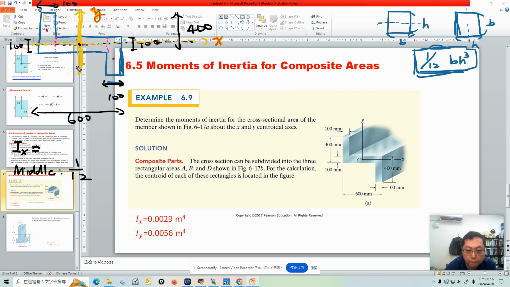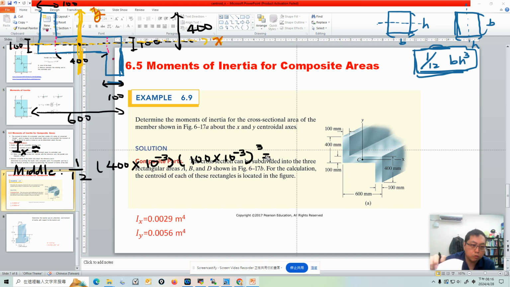So what is our b? Our b is here, so the length is here. It's 600, it's 100, and of course here is also 100. So here is 400. So b is 400 times 10 to the power minus 3, and h is here, 100 millimeters, so 100 times 10 to the power minus 3, cubed.